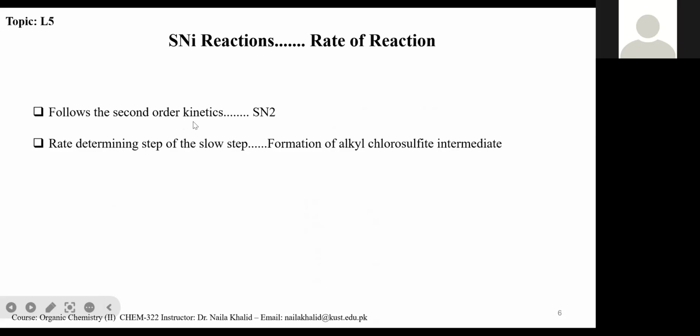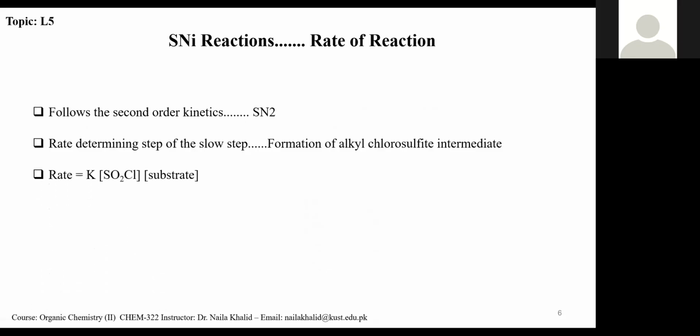Only that step which is very slow can be considered the rate determining step, because the whole time taken to complete that reaction will be dependent upon this one. This step is basically the formation of alkyl chlorosulfite. This alkyl chlorosulfite is an intermediate. You will see its structure and its formation in the mechanism.